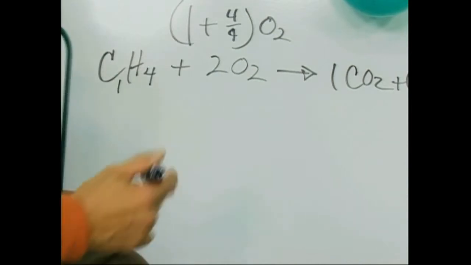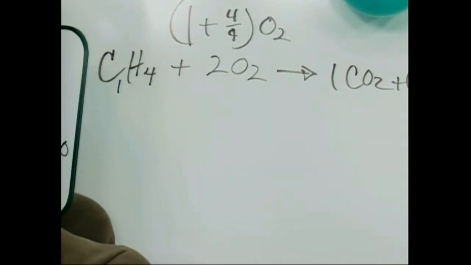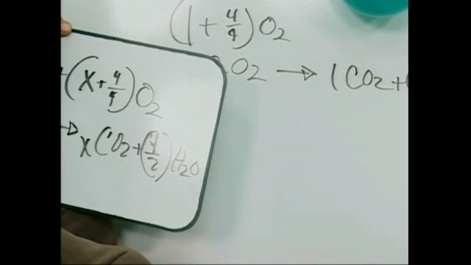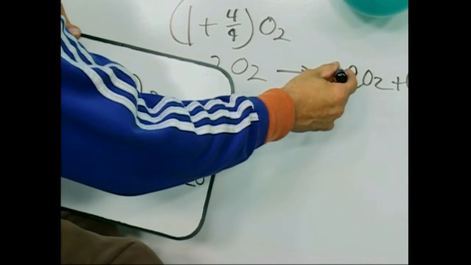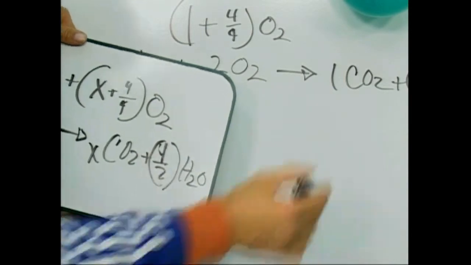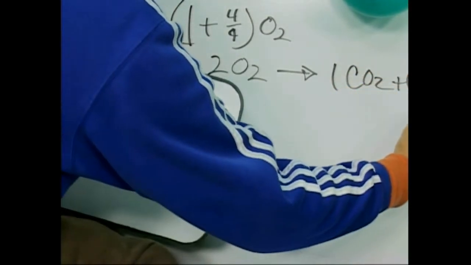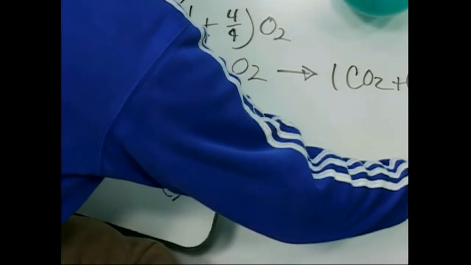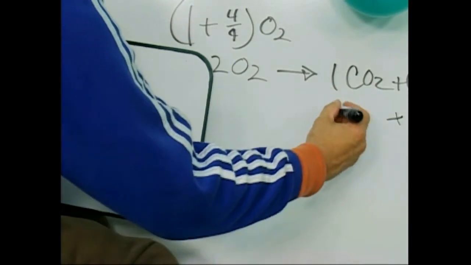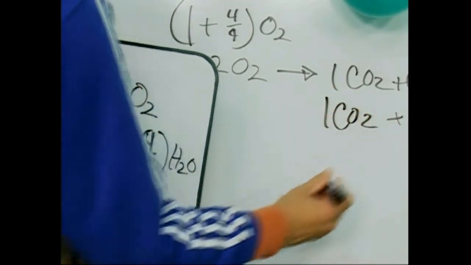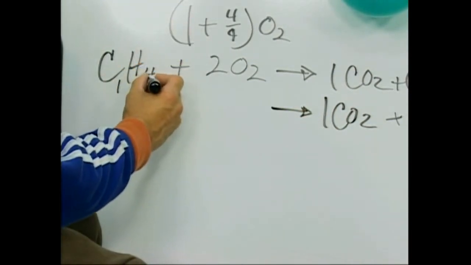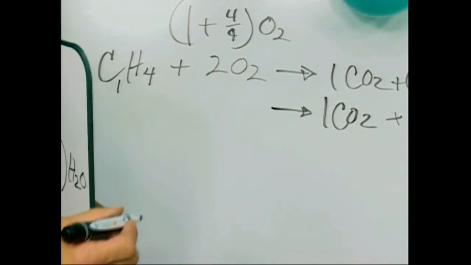What it told us here was 2 O2s. So x is 1, y is 2, so we're going to end up with 2 H2Os and 1 CO2 from 1 CH4, methane, plus 2 O2s.